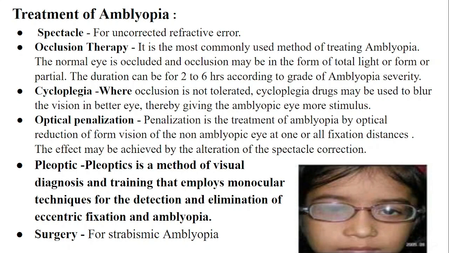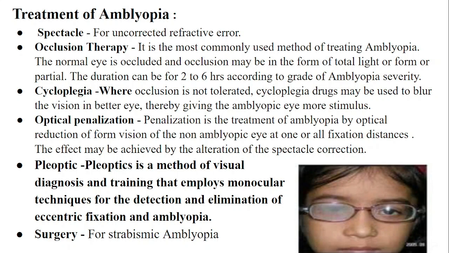Occlusion therapy. This is the most commonly used method to treat amblyopia, where the better seeing eye is occluded to force the amblyopic eye to work harder. Occlusion can be total or partial and usually lasts for several hours a day.